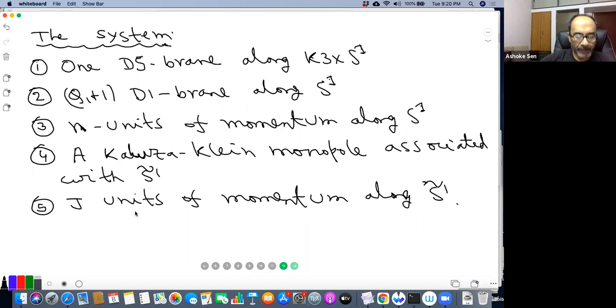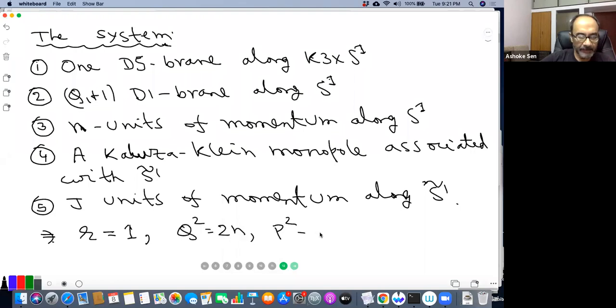But before I go on, let me just say that we can translate these charges on the heterotic side. And this corresponds to the following invariants. R is equal to 1 for this assignment of charges. Q square is 2n.